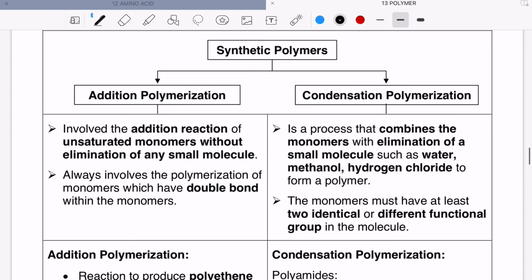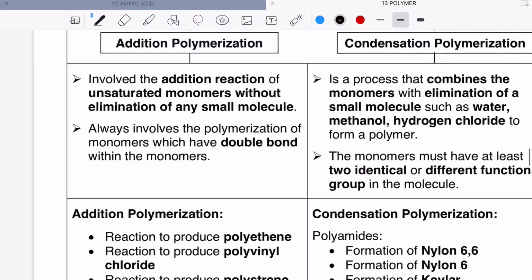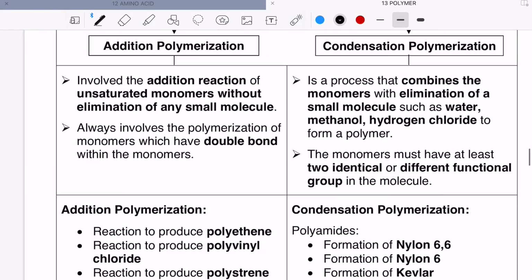Now, to produce synthetic polymers, there are two types of polymerization, which are addition polymerization and condensation polymerization. Now, let's take a look at each of them. For addition polymerization, usually it involves unsaturated monomers, or in other words, those with multiple bonds, such as alkenes.